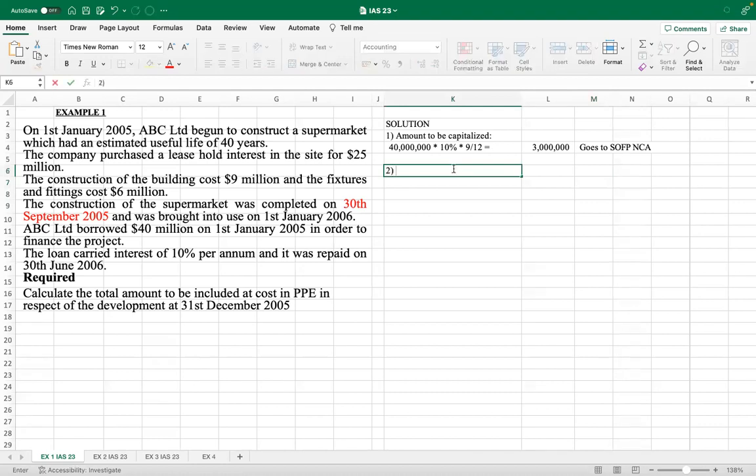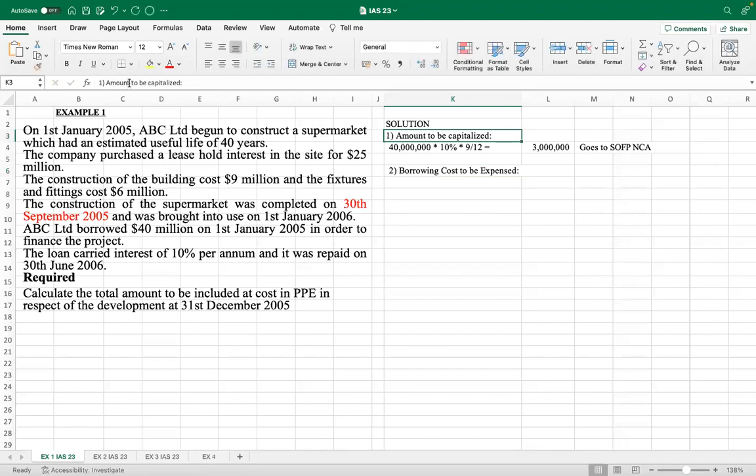Therefore, I need to ask the amount to be expensed. Borrowing costs to be expensed. What is the borrowing cost to be expensed? Remember, let me just write it in full. Borrowing cost to be capitalized was the first one. Now we are looking at the amount of borrowing cost to be expensed.